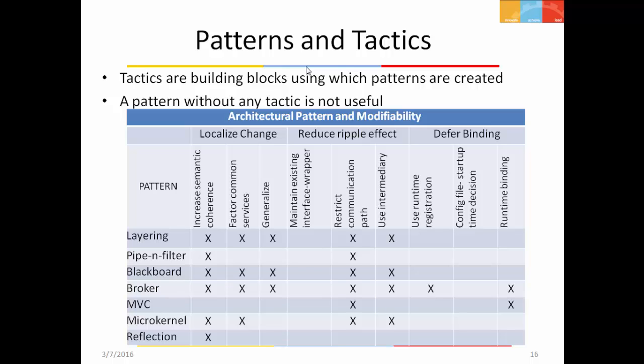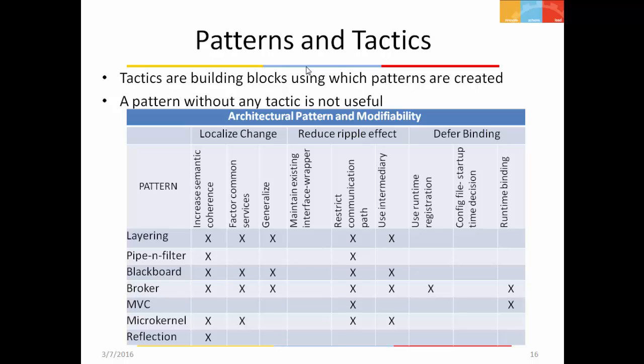But then you can argue, what about other tactics like availability tactics, performance tactics, testability tactics, security tactics? Do we not have patterns for that? Of course you do. For availability, of course there are patterns. For performance, of course there are patterns.